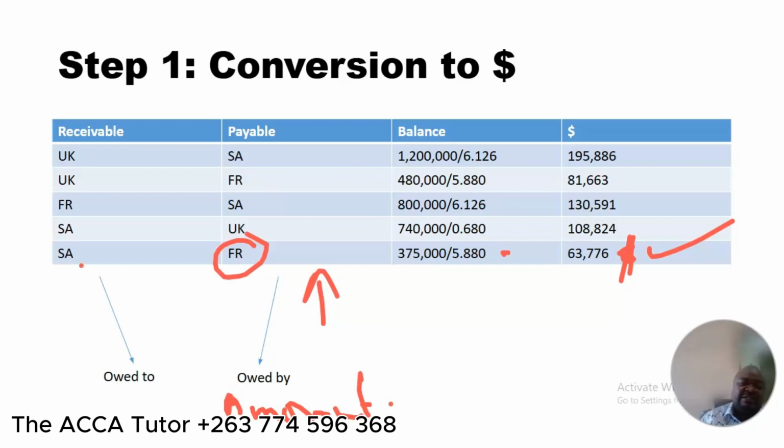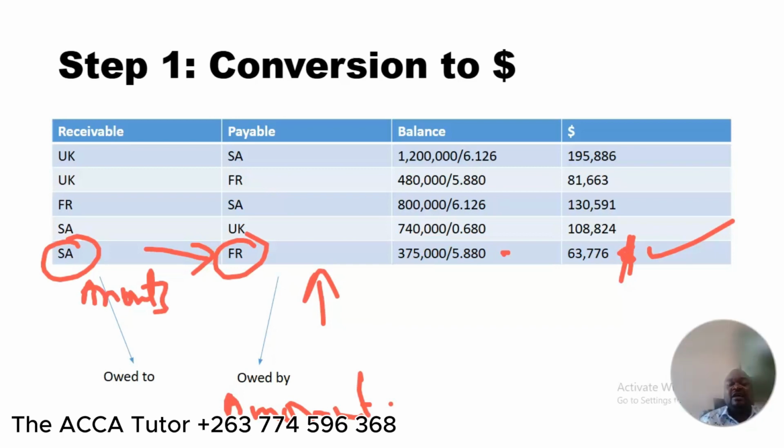Then here we are saying that the South African company is owing the French company, so the amounts in this column are owed to these guys. That's what it means, but you need not worry much about that. With practice you understand what we're trying to say.